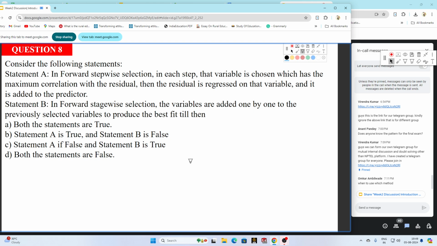Statement B: in forward stage-wise selection, the variables are added one by one to the previously selected variables to produce the best fit till then. Option A, both statements are true. Option B, statement A is true, B is false. Option C, statement A is false, B is true, and option D, both statements are false.